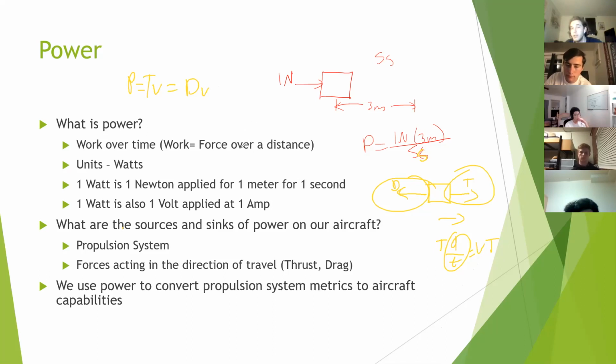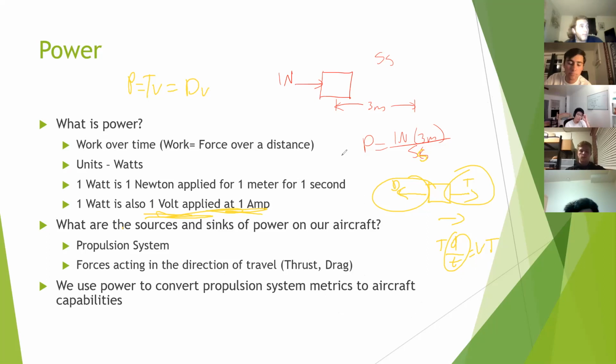The reason we want to do this is because power can also be easily calculated for your battery. If you know what voltage and current your battery is drawing, then you can figure out how fast you can go. The problem is, at this stage in the design process, you don't know that.